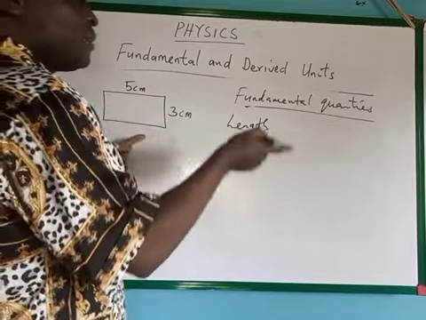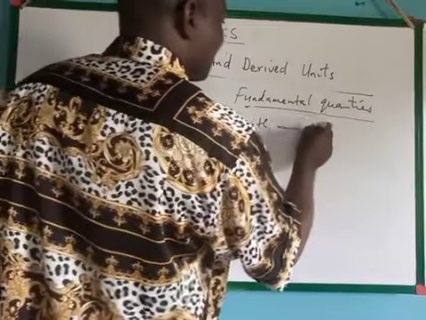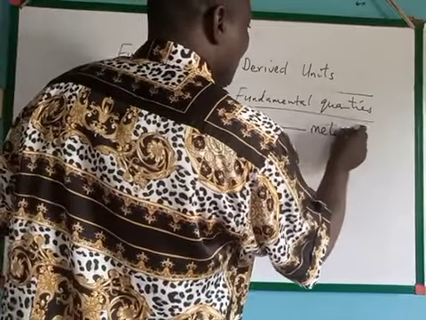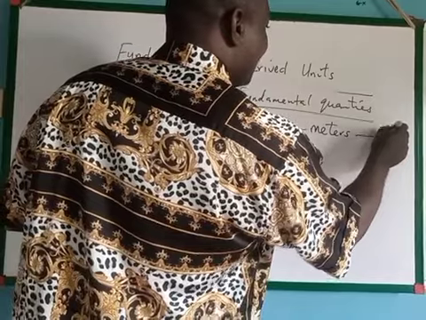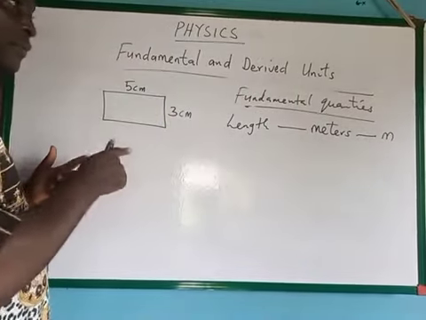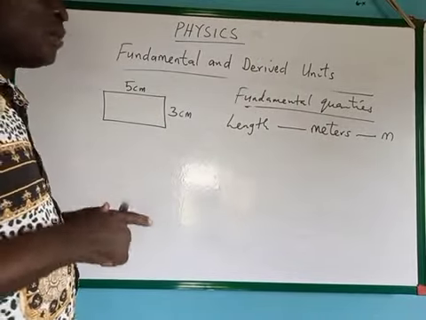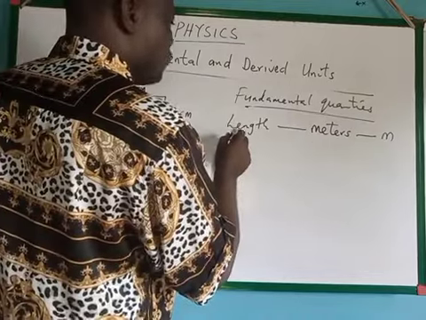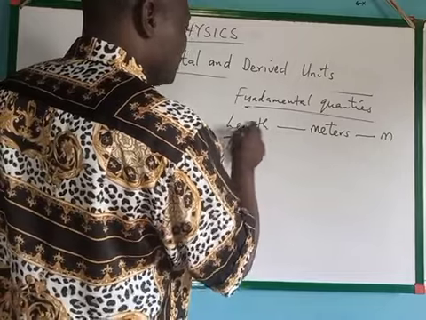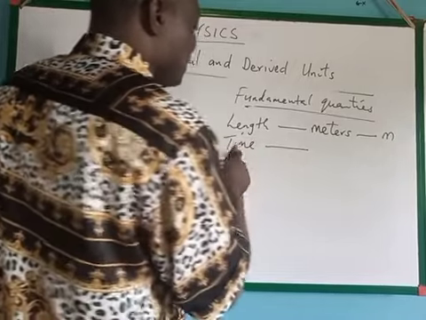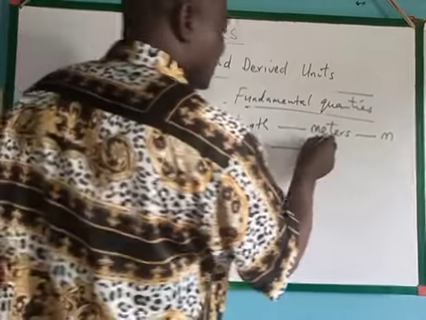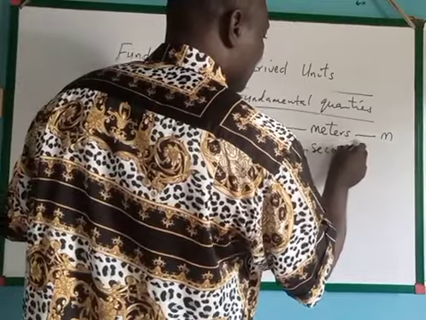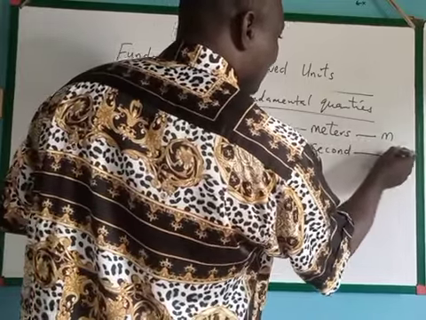The SI unit of length is meters. And normally we write that as m at the end of the numerical value of any measurement of length. We also said the other time we have time. What is the SI unit for time? Seconds.